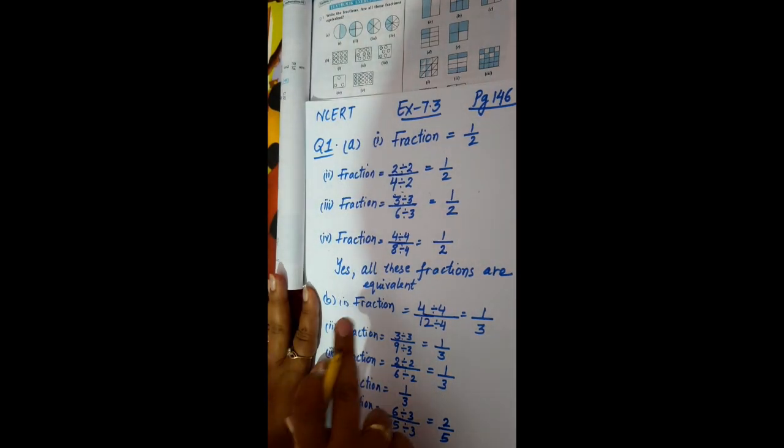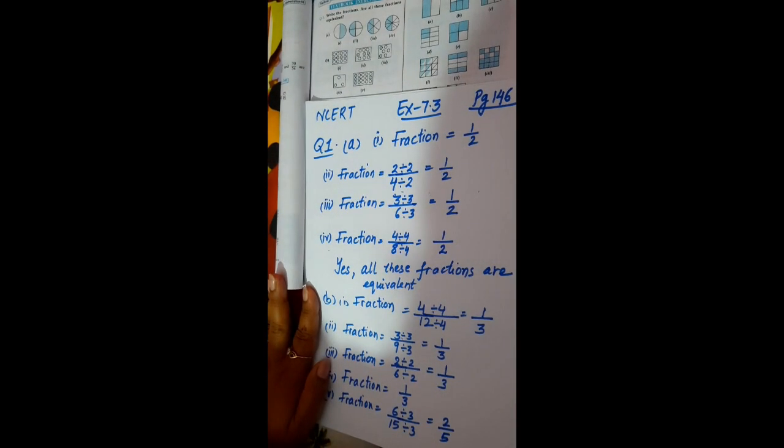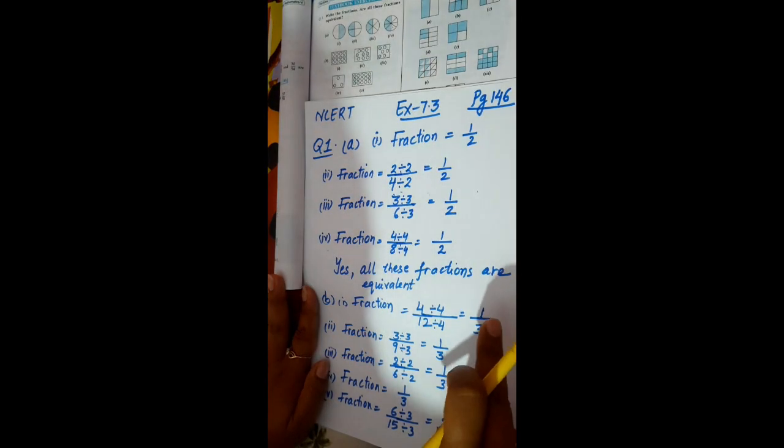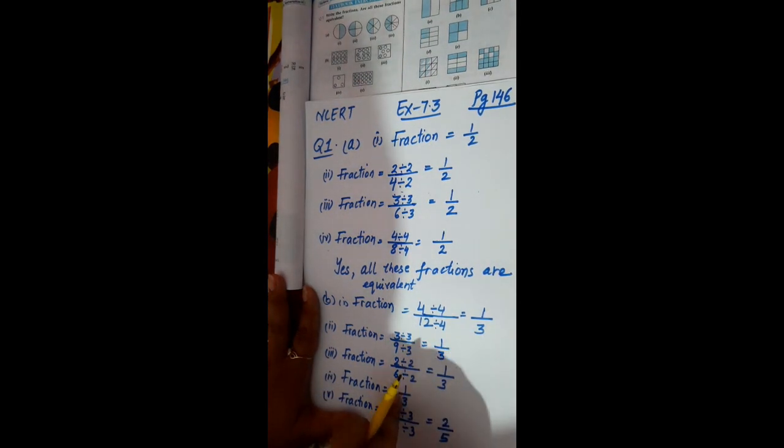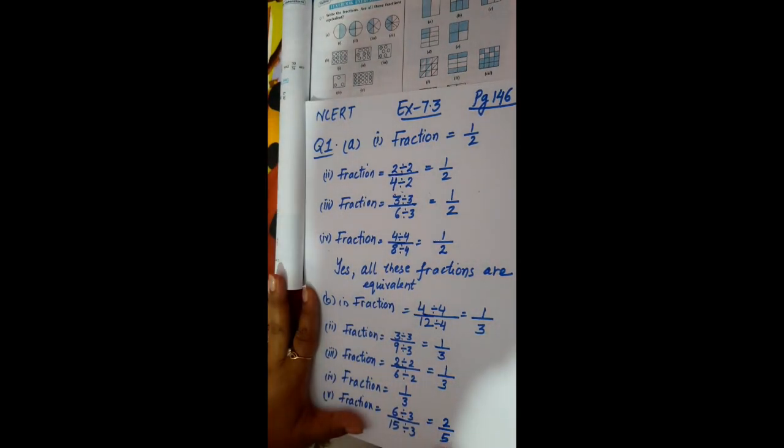Now the question is, are all these fractions equivalent, means equal? Here in this 4 fractions are equal, but the fifth one is not equal, because in fifth part after reducing we will get 2 upon 5.